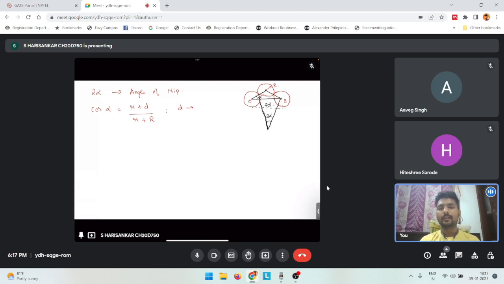That means half of that distance, d, is the maximum radius of the feed.